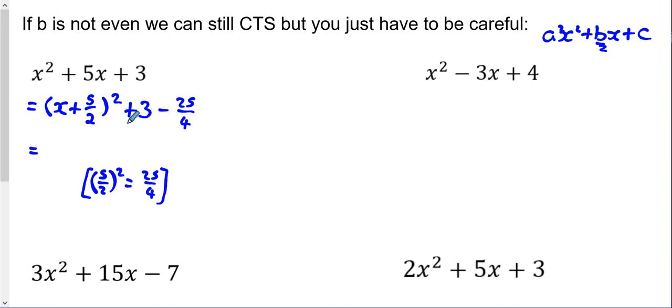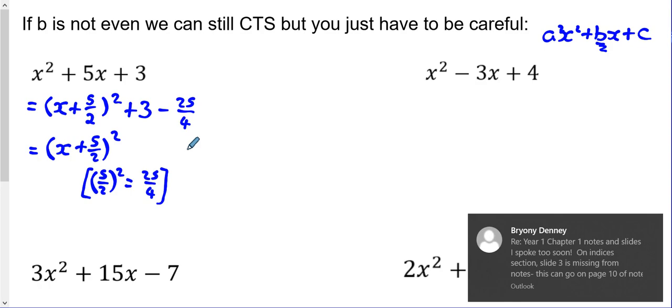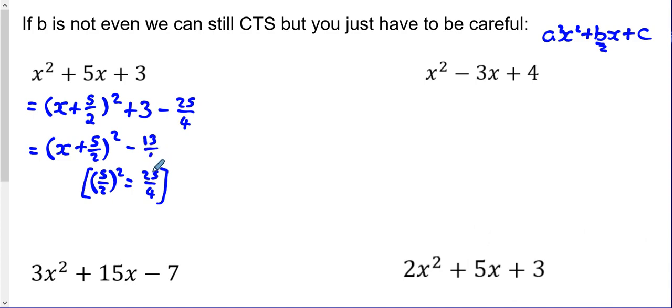You can either change this into quarters or change this into a decimal. So this would be 6 1/4, so take off 6 1/4. Think of this as 12 quarters, take off 25 quarters. Minus 13 quarters.